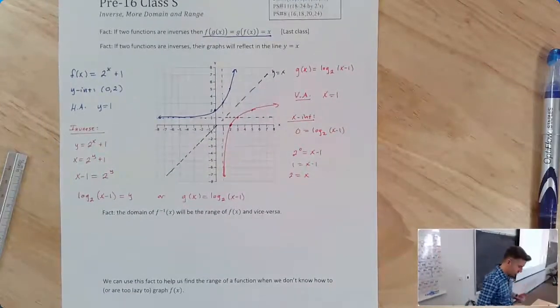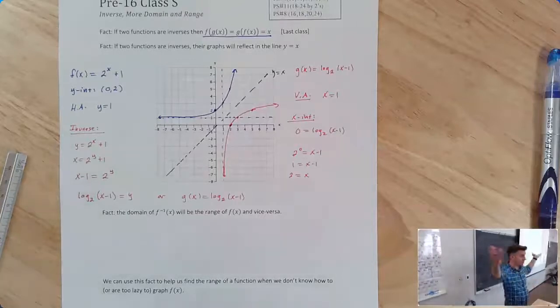Okay. The other thing to note here is that for f inverse and f of x, their domain and their range switch, because the domain is just all the x things, the range is just all the y things. So if you're interchanging x and y, you're interchanging all the x things and all the y things.